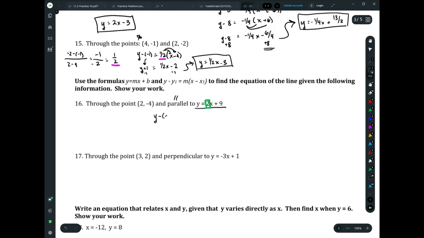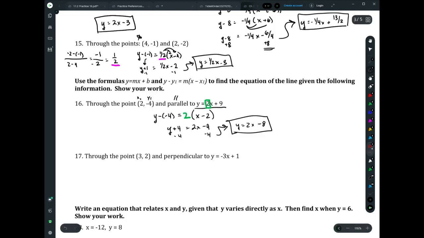Y minus -4 is equal to, we know the slope has to be parallel, so we're going to use 2, and then x minus 2 from our point, x1 and y1. So we have y plus 4 is equal to 2x minus 4, and if we subtract 4, we have y is equal to 2x minus 8, and those would be parallel.